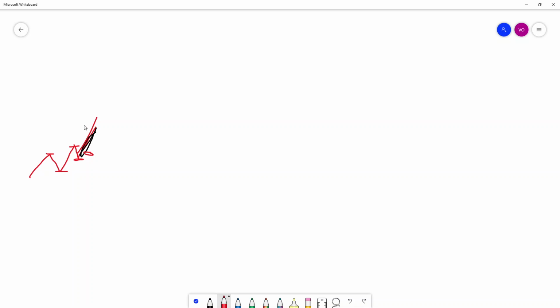You would have your profit, so limit sell order here, and your limit sell order here. So if what you're expecting does happen and it goes up, you get filled here and you make whatever amount there. If you are wrong and it continues to go down, your stop loss is triggered here. You don't lose any more money than this amount.